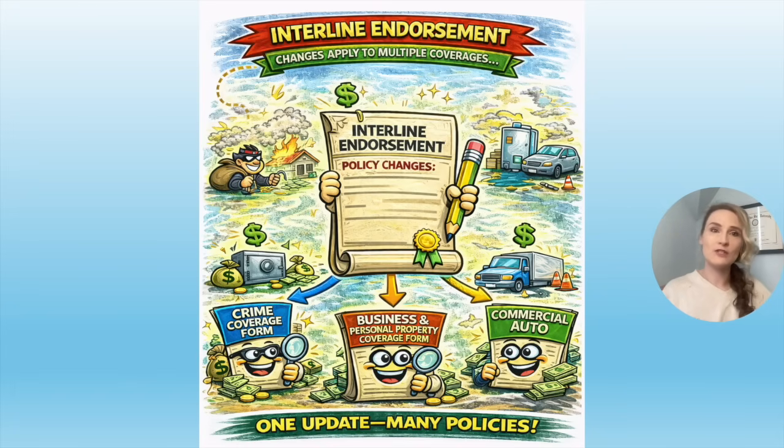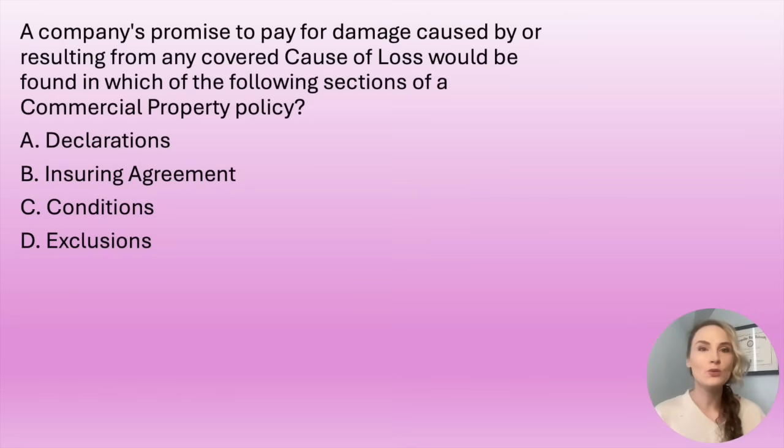The interline endorsement is going to make sure that you're not repeating coverage and that if you make an update to your coverage, you're making an update to all of your coverages. If you only have one coverage form on a commercial package policy, you would not use an interline endorsement, but rather a monoline endorsement. Now that we've learned where things live in an insurance policy, let's test ourselves.